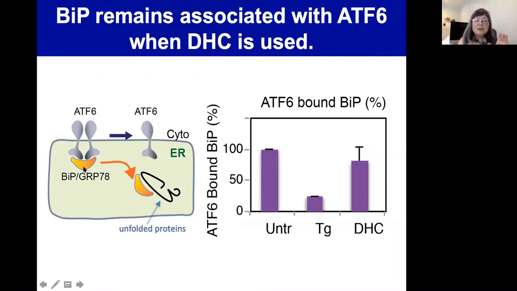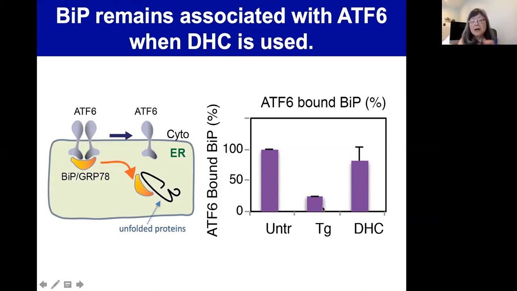It's been known that the luminal portions of the UPR initiators, ATF6, IRE1, and PERK, are all bound by this chaperone. But when you induce ER stress and increase levels of unfolded proteins, the chaperone leaves and attends to these unfolded proteins in order to fold them. If we look at BiP association with ATF6 by co-IP, initially we see a pretty robust association; BiP comes down with ATF6.